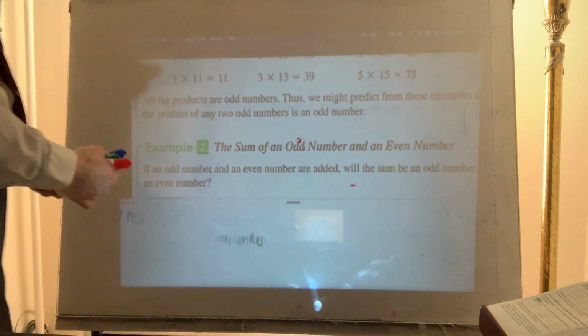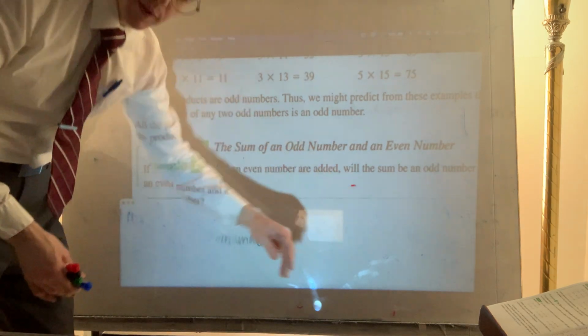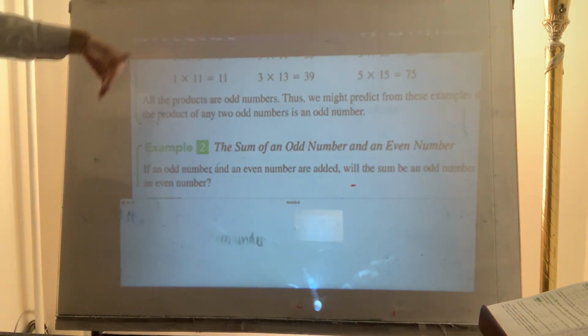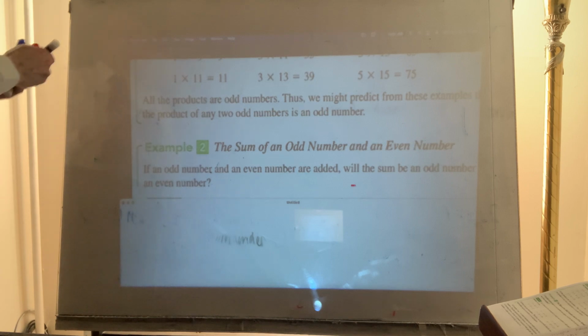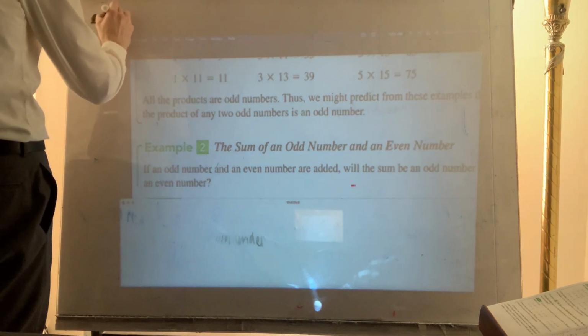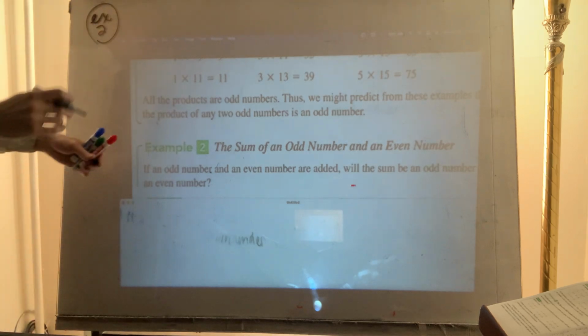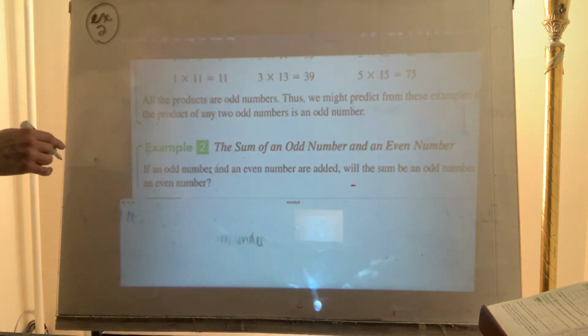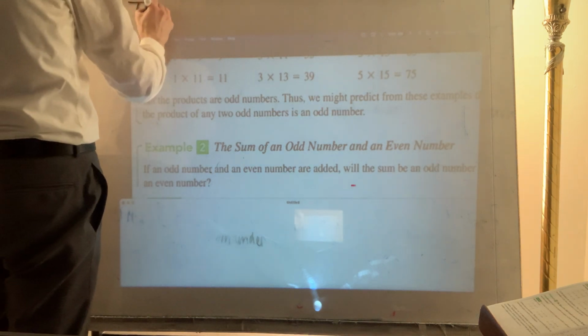Well, if we're following the thought process of inductive reasoning, then what we might do is, again, try some specific examples and look for a pattern. Try a few.